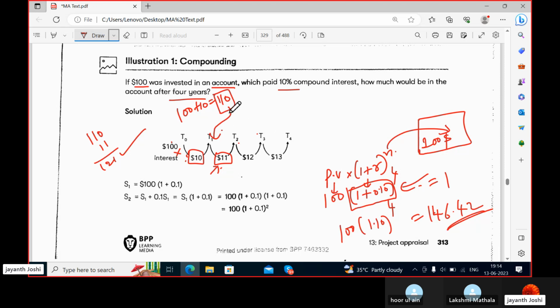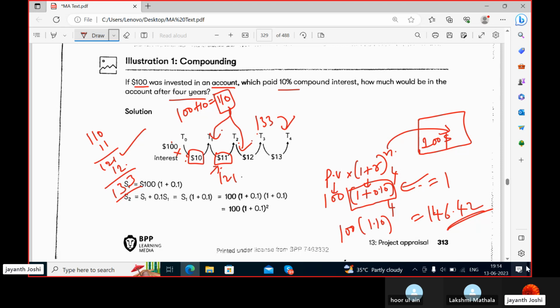Okay. So we got the interest again. Again 121, 10% will be somewhere around 12 point something. So 133, of this 10% will be 13. So again 110 plus this, 121, 133. And then interest.